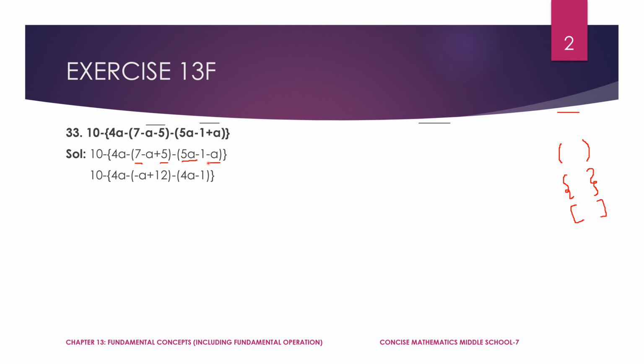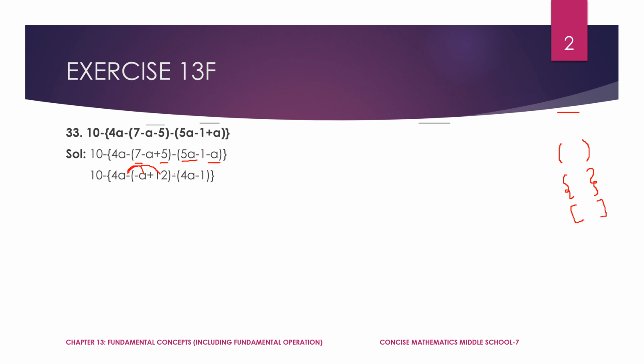Which is bigger, 5 or 1? 5 is bigger, right? So put the bigger number's sign, that is plus, and subtract it. 5 minus 1 is 4a minus 1, right? Here further you cannot do any addition or subtraction, multiplication or division inside. So now just for removing these braces you have to multiply with this minus, because it is having a multiplication sign. Minus should be multiplied with first term and minus should be multiplied with second term.